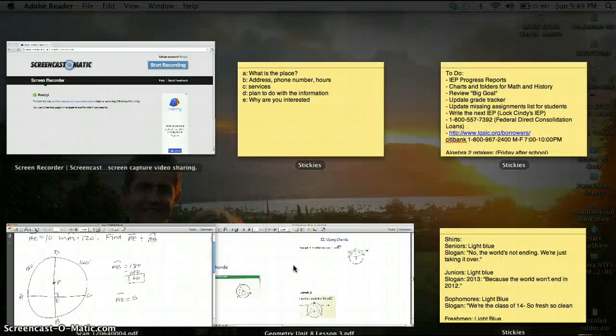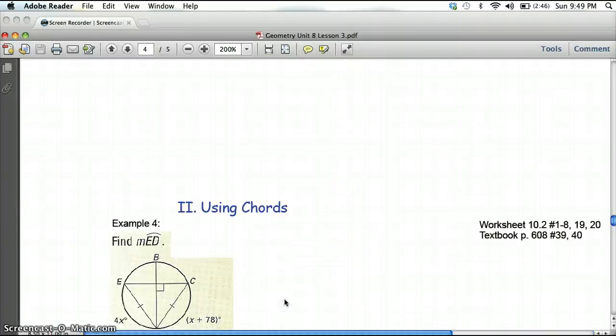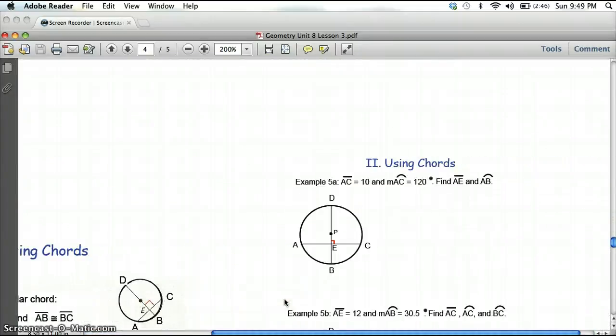And last, we're going to look at chords. So the last thing we're going to look at is how do we use chords. So here in example 5a, if you notice, DB is your semicircle, is your diameter.